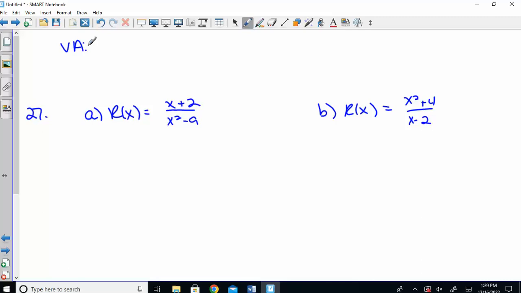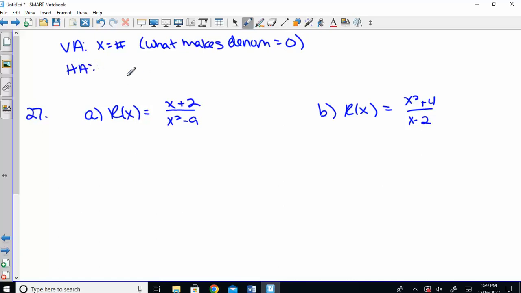Always x equals a number, and it's what makes the denominator equal 0.